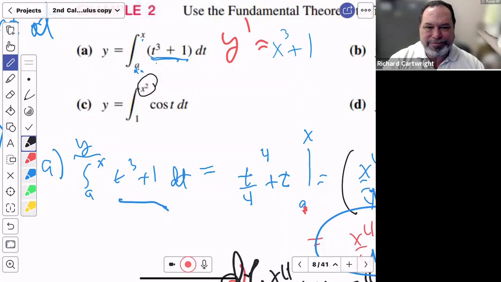When I do y prime, that gets plugged into the t. So y prime will still be cosine of x squared, but I want you to do one more step. What is the derivative with respect to x of x squared?